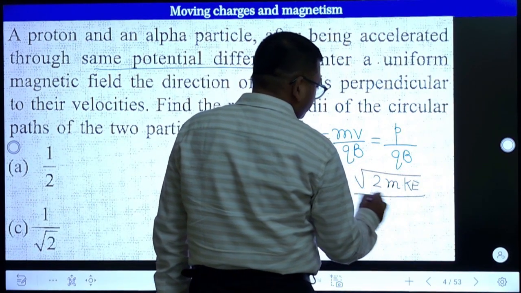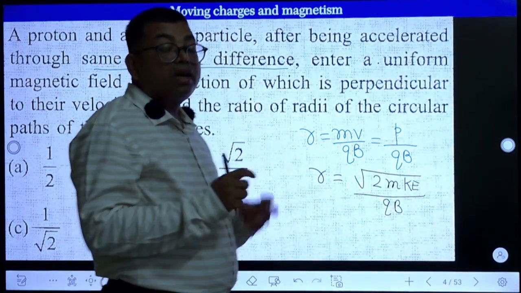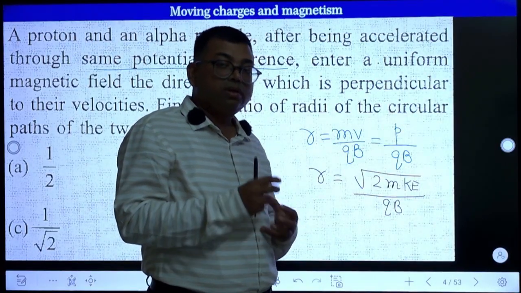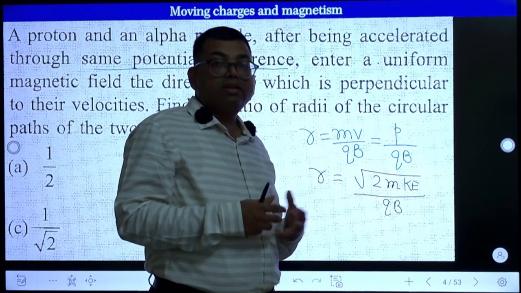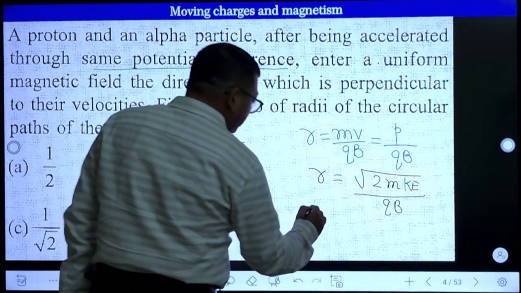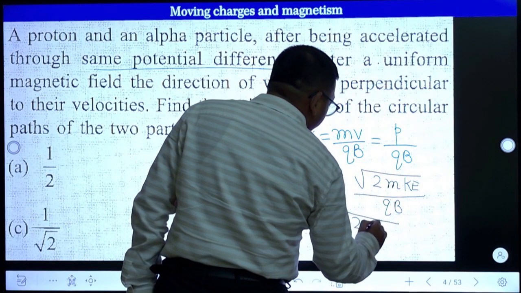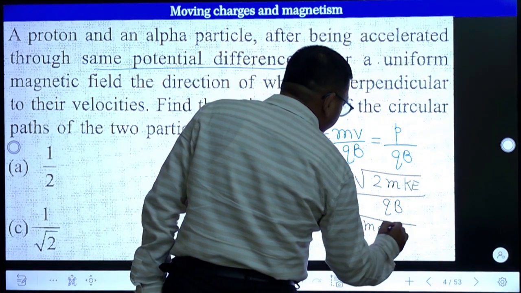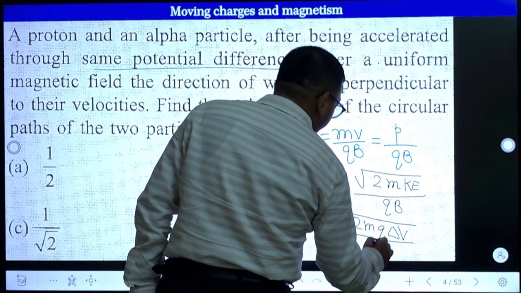And kinetic energy can be written as charge into potential difference. You know that, because the work done is the change of kinetic energy, and that is charge into potential difference. So now we will write this as root under 2 times mass times charge times potential difference, I am writing delta V for potential difference, divided by qB.